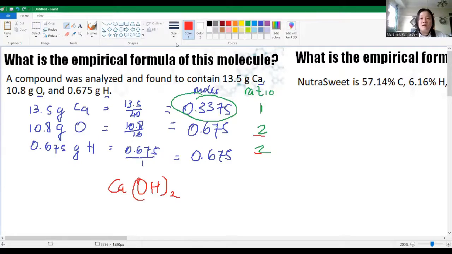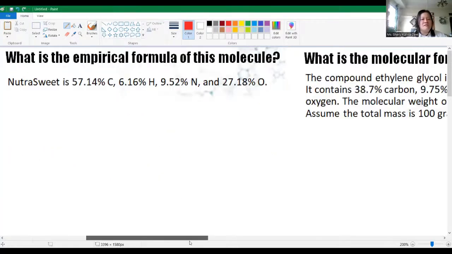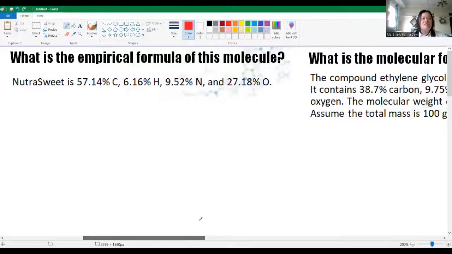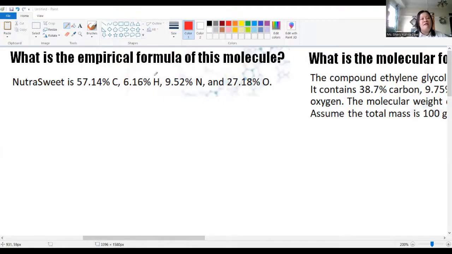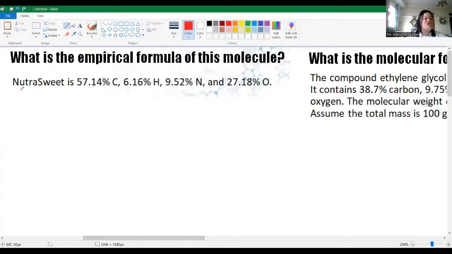The other way, we can also use the percentage. If you get the percentage, imagine that the real sample is 100 gram. Always assume that it is 100 gram to help you.